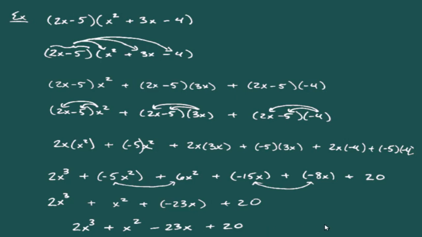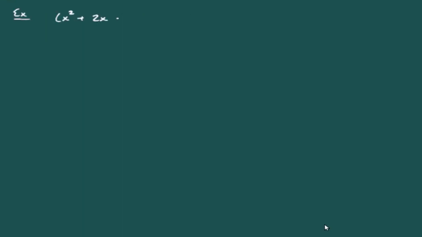And so one more example where now kind of the biggest multiplication that we'll do is going to be 3 terms times 3 terms. So suppose we've got the quantity x squared plus 2x plus 3 times the quantity 2x squared minus 4x plus 5.